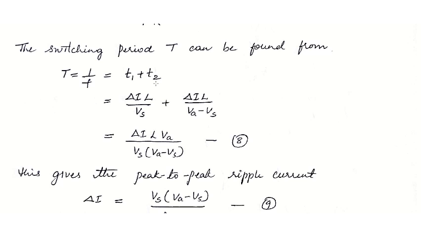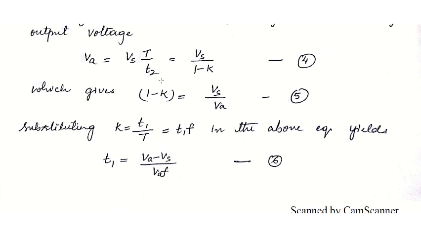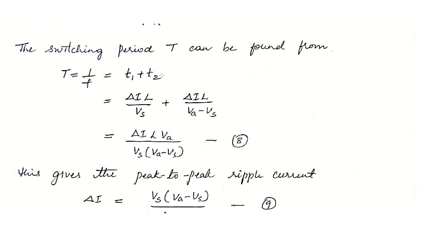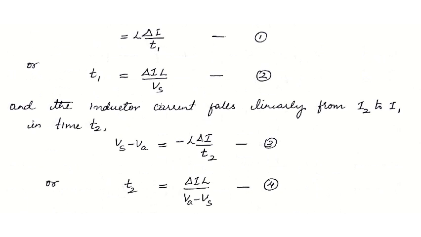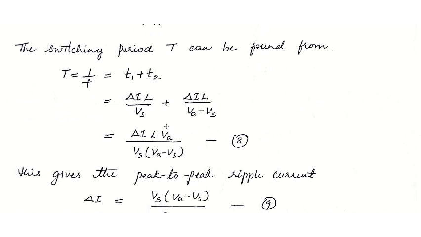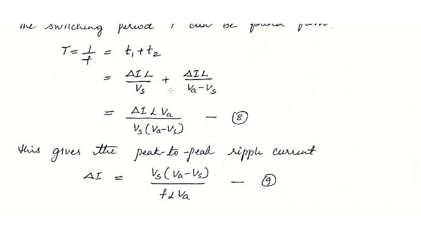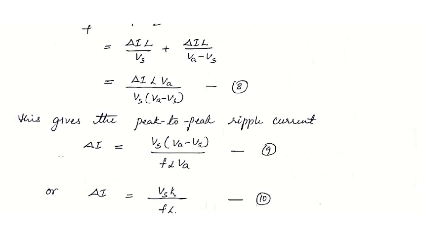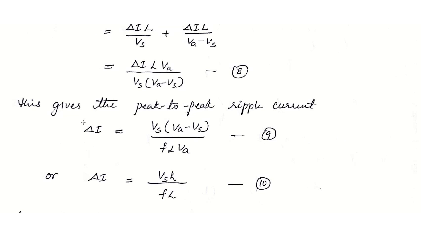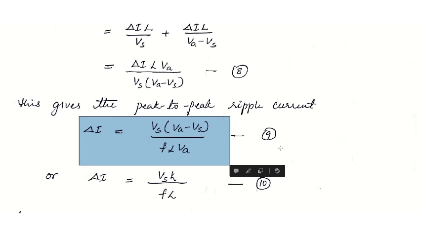Substituting T1 and T2 from equations 2 and 4, delta IL by Vs plus delta IL by (Va minus Vs), you will get delta IL into Va by Vs into (Va minus Vs). Simplifying, this will give the peak to peak ripple current: delta I is equal to Vs into (Va minus Vs) by F into L into Va.